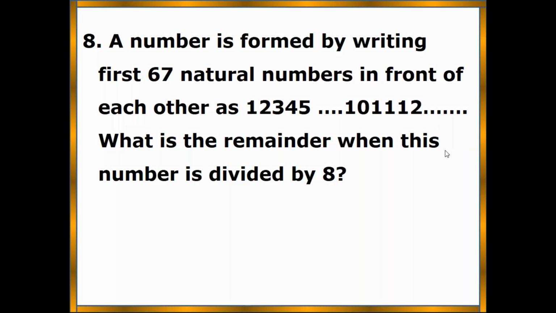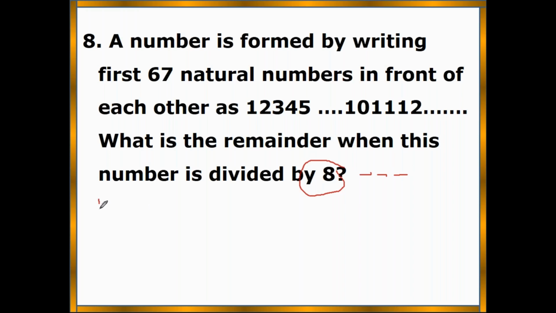What is the remainder when this number is divided by 8? That is the question. So whenever a number is divisible by 8, what is the condition? If the last 3 digits of the given number are divisible by 8, then the whole number is divisible by 8.